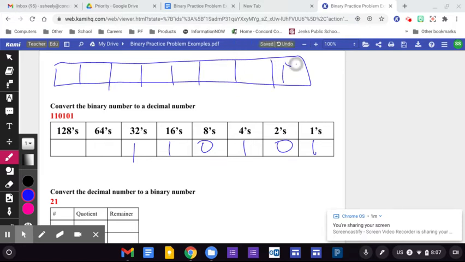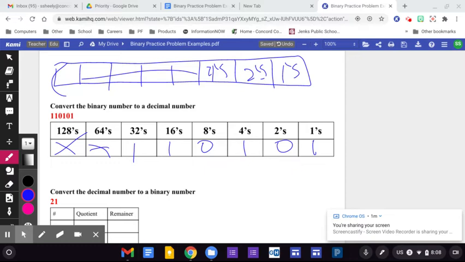So I would draw twos, etc. all the way across for your problems, if that would help you. Now there's only 6 digits, and that means we're not using the 64 or the 128's column. I'm just going to put an X in there. You don't have to, as long as you know.